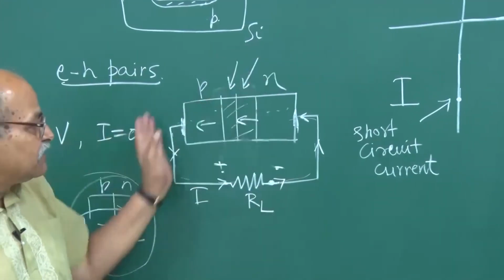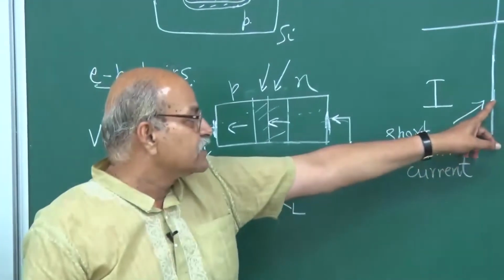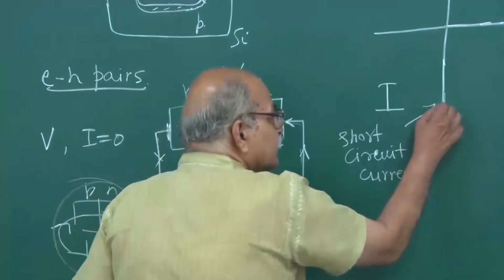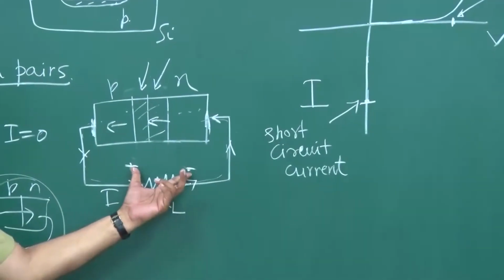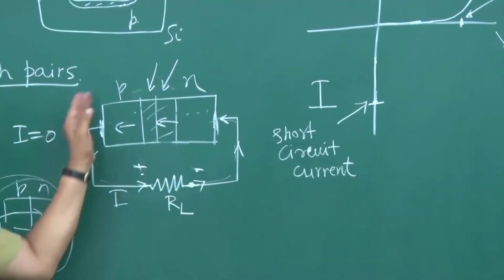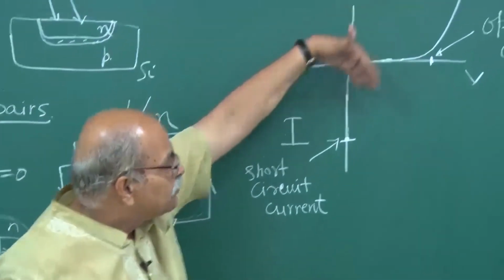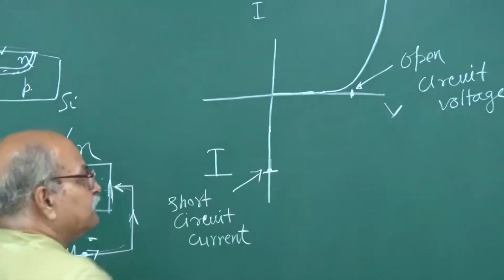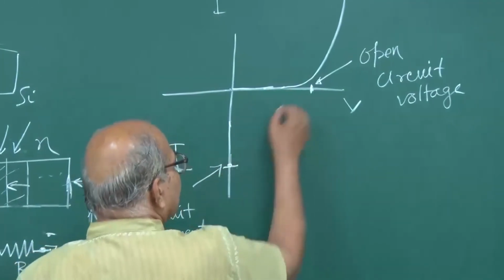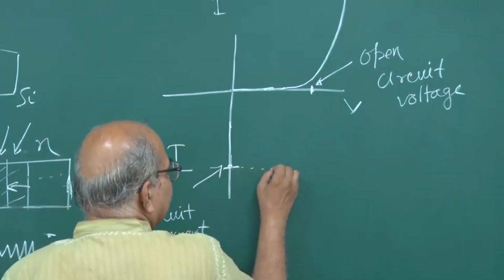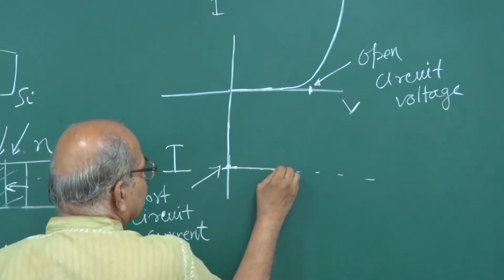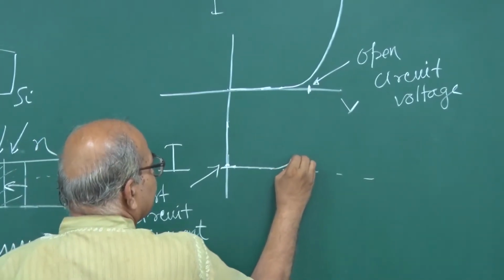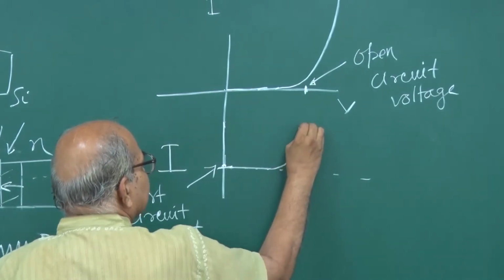Because of the photons you have current. But then because of this RL, because of this voltage appearing here, you have a forward bias. So this will be superimposed on this. If it is not there, then you have this current, but then on this you superimpose this, and this current will vary something like this, something of this sort.